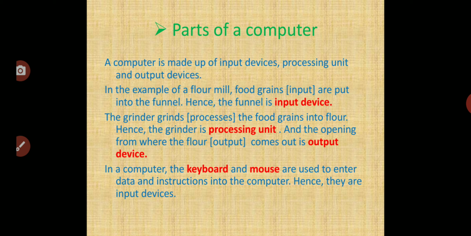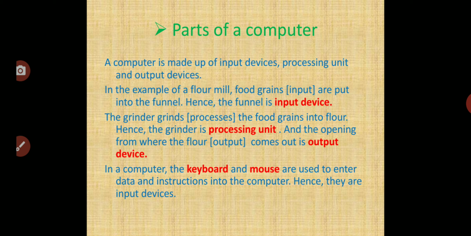Now see parts of a computer. A computer is made up of input device, processing unit, and output device. In the example of a flour mill, food grain is put into the funnel. Okay, it is known as input. Hence, the funnel is the input device.